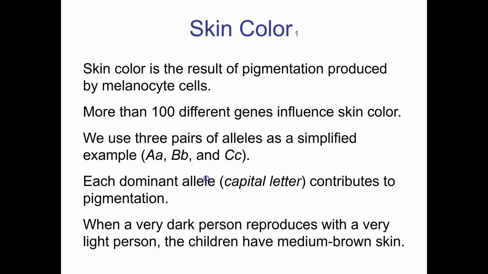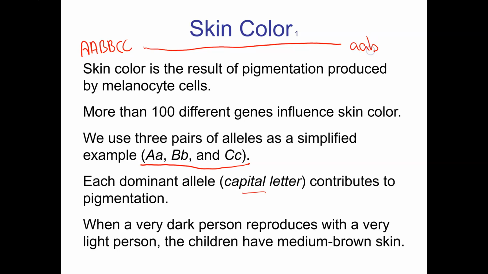To make this understandable, we're just going to use 3 alleles, A, B, and C. Each dominant allele is capitalized and it contributes to pigmentation. So you can have all dominant alleles, all the way to all recessive. Over here, you're going to have darker skin, and over here, you're going to have lighter skin.